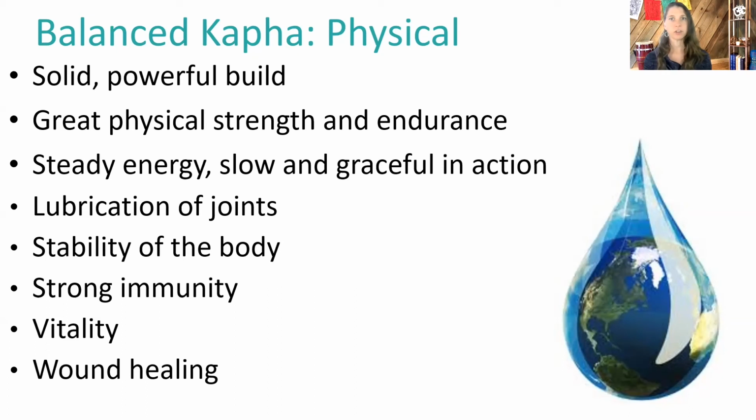Their joints are very well lubricated because of that added water in their system. The body is stable. Their immunity is incredibly strong. They're vital human beings. So they show up physically as very strong, and their wounds will heal very, very quickly and easily.